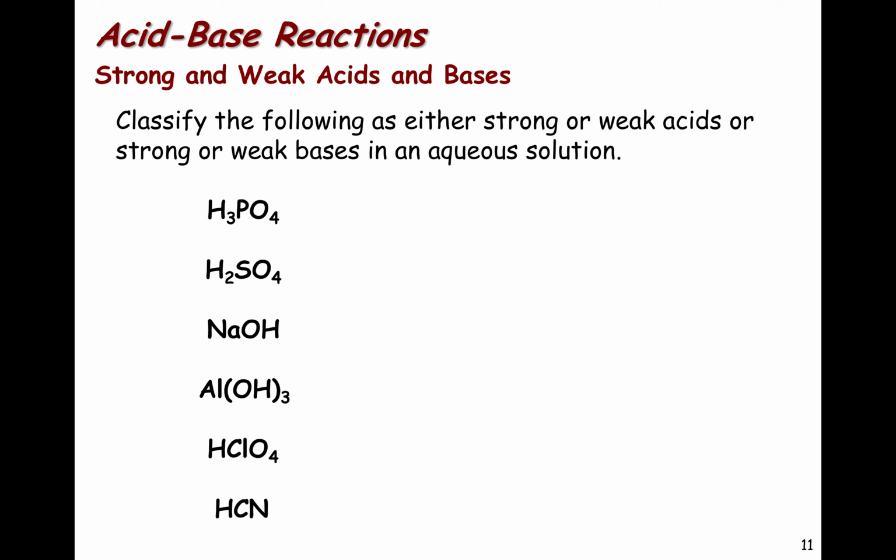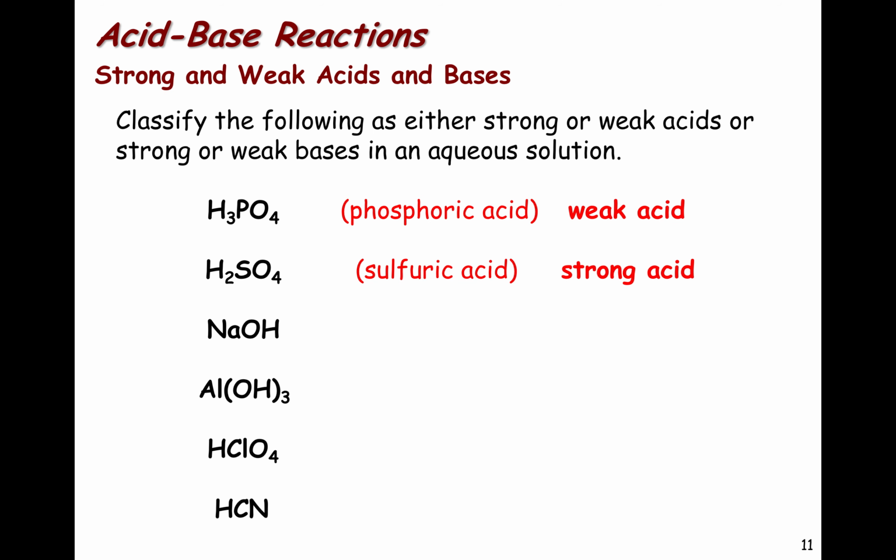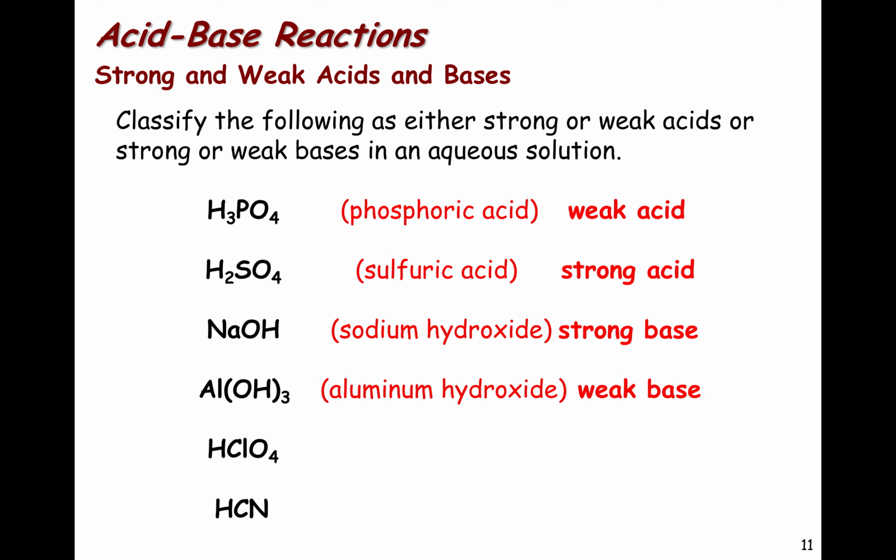This is not one of the strong acids, so phosphoric acid is actually a weak acid. H2SO4, though, is a strong acid. And sodium hydroxide is a strong base. Aluminum hydroxide is not one of your strong bases, therefore it has to be a weak base.